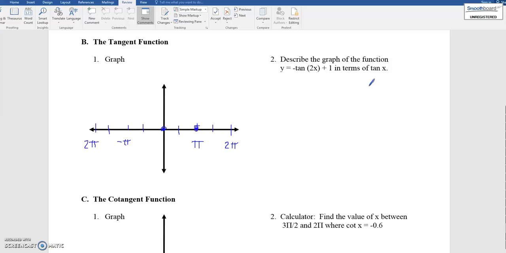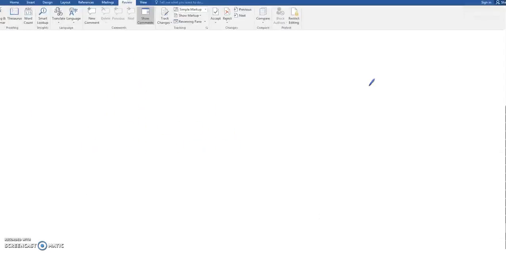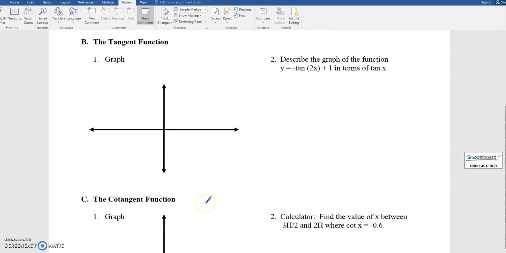Here it's going to go through the x-axis. Here it's going to go through the x-axis. There and there. That means we have vertical asymptotes right there. I think it just doesn't like me doing my vertical asymptotes. Maybe I'll have to change that a little bit. Sorry about that, folks. Okay, I'm going to pause it and get my picture to look really good for you, and then we'll continue.